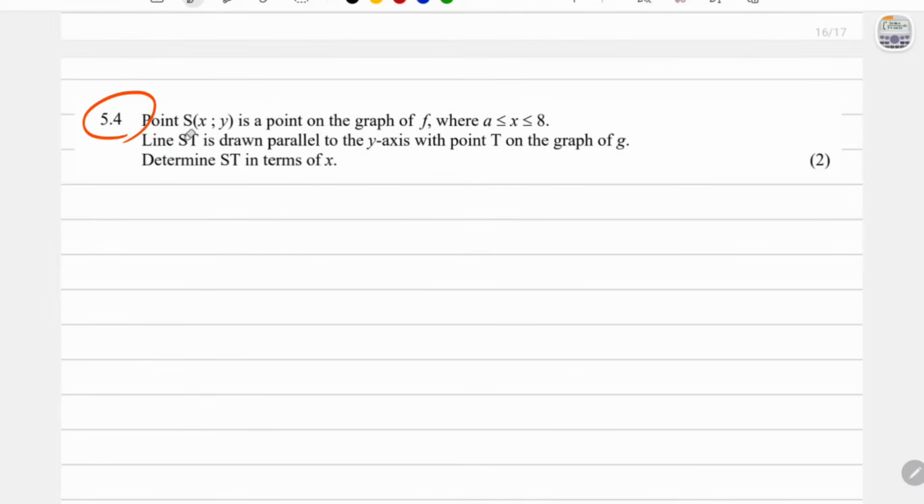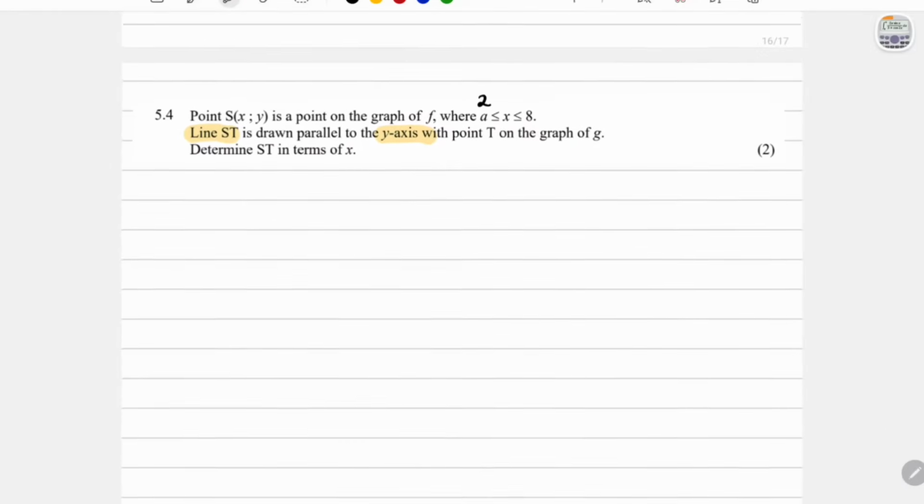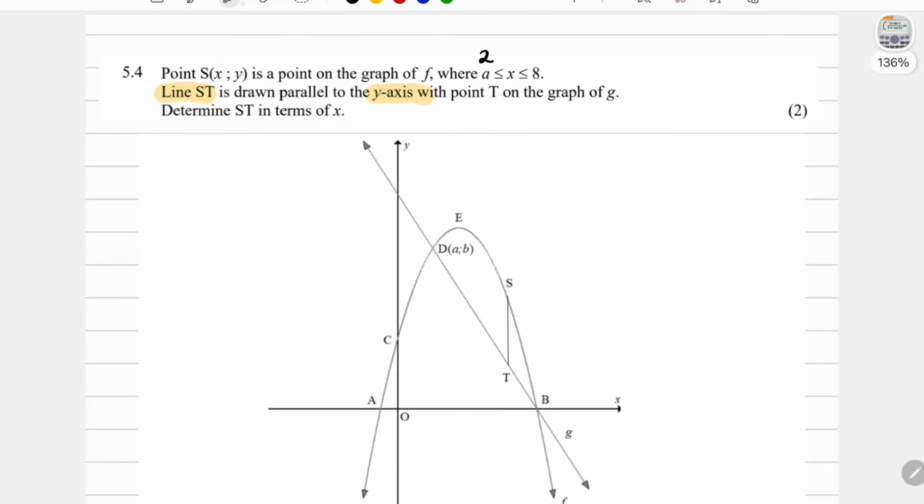Okay, 5.2 says, point S is a point on the graph of f where x is greater than a. We already know what a is, it's 2. So x is greater than or equal to 2, but less than or equal to 8. And then they tell us that line ST is drawn parallel to the y-axis. We already have this. So let me just bring down the graph so that we can actually look at this properly. Okay, so what they're telling us is that we have this point S, okay, which is here.